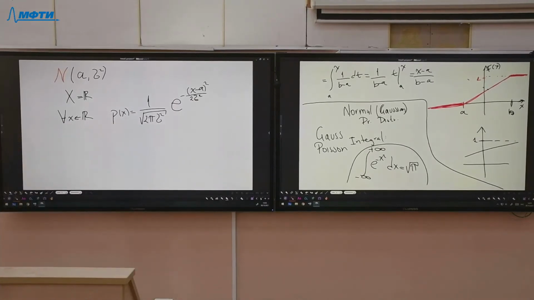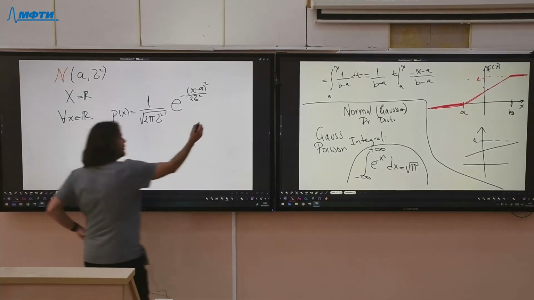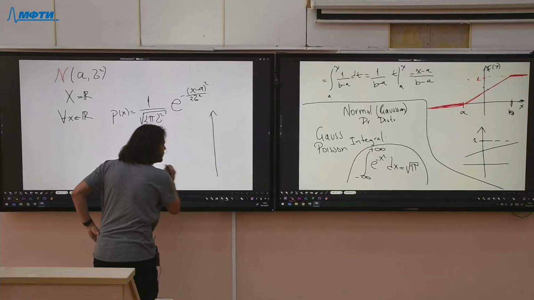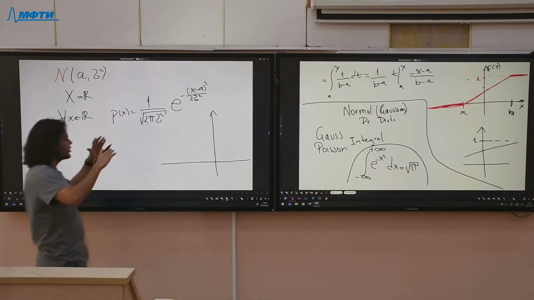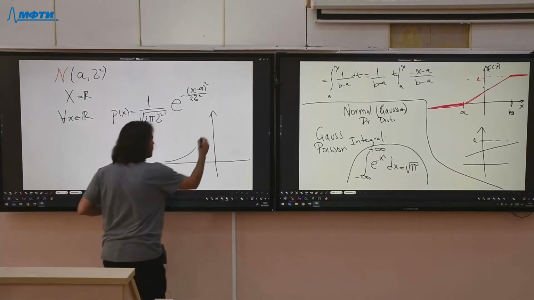So this is the PDF of the normal distribution. Okay, how does it look like? Well, this is the famous bell-shaped curve like this.